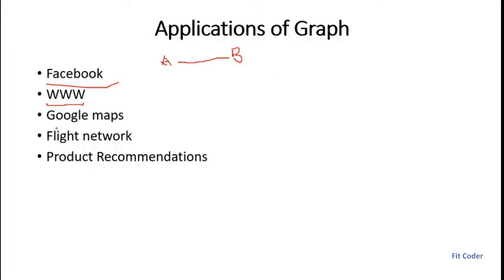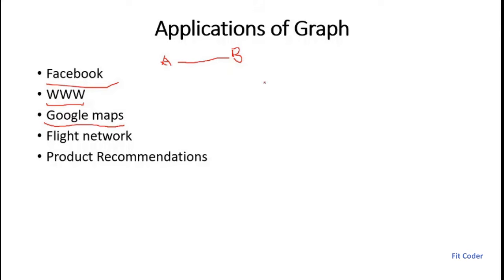The third example that we can think of is Google Maps. We all have used Google Maps. It is in our phones, in car navigation systems, everywhere. When you type a destination, it tries to find the shortest route, the shortest time that it takes to reach the destination. It uses a graph algorithm to determine that shortest route.